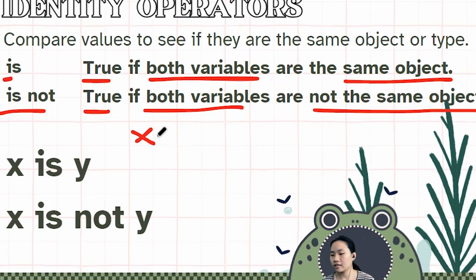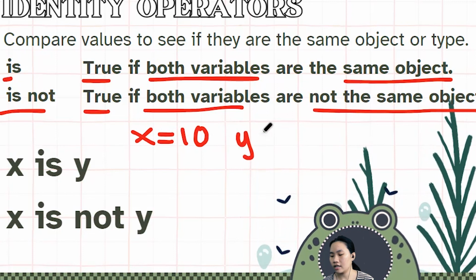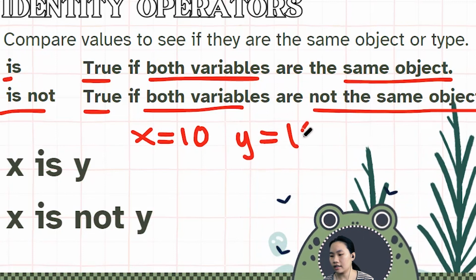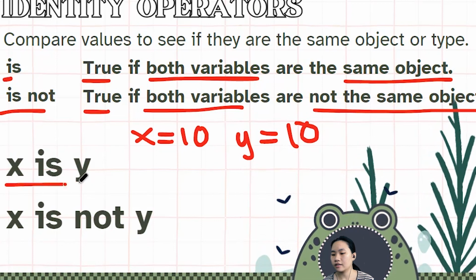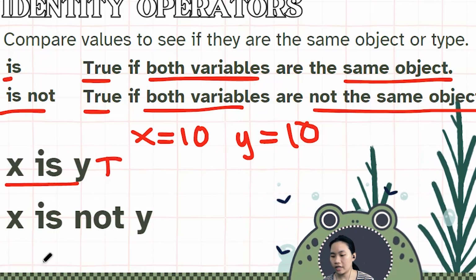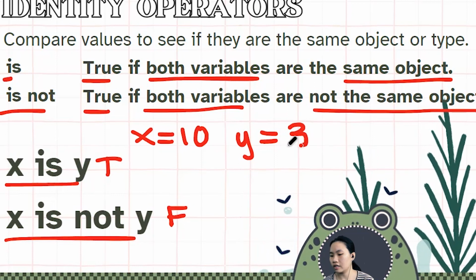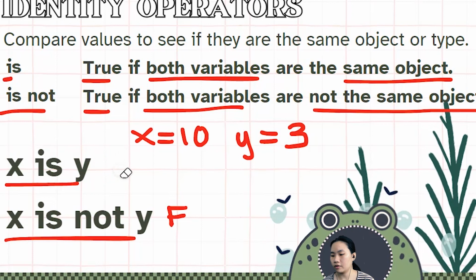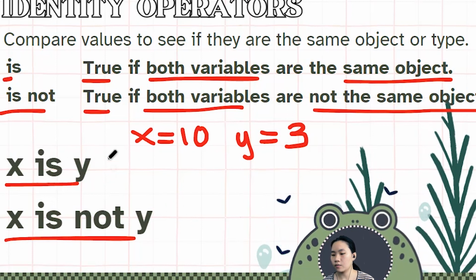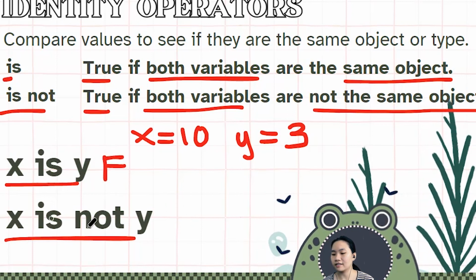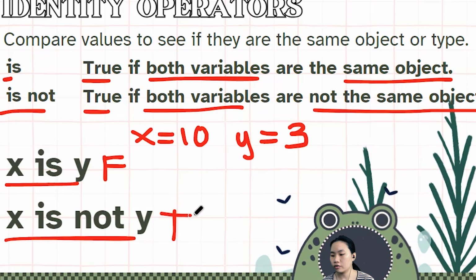Let's say x is 10 and y is 10. x is y will return true and x is not y will return false. Let's make this 3. Okay, I'm going to erase these. x is y will return false and x is not y will return true.